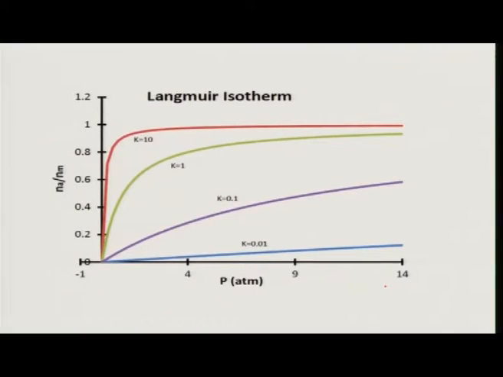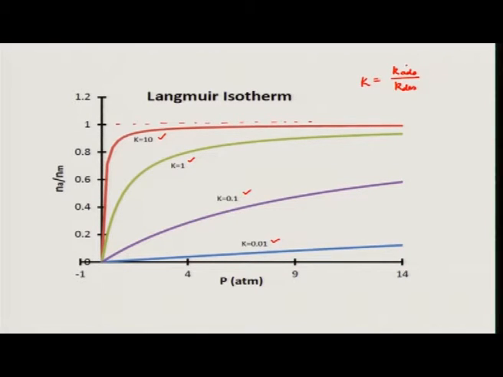Okay. So, these are the Langmuir isotherm plots for different K values. As you see, as K increases, monolayer formation close to 1 happens at lower pressure. K is the adsorption rate constant divided by the desorption rate constant.